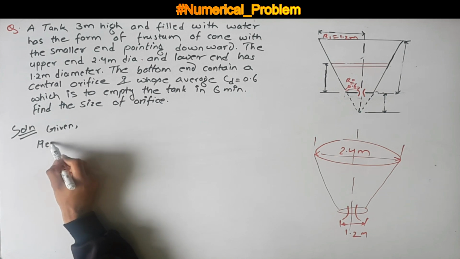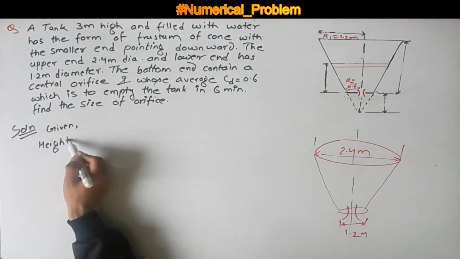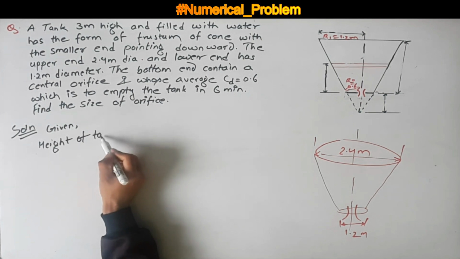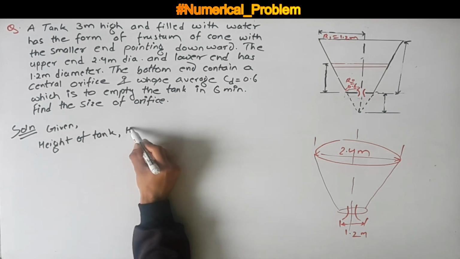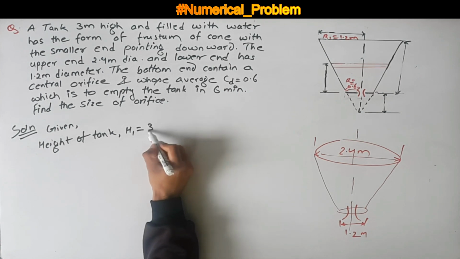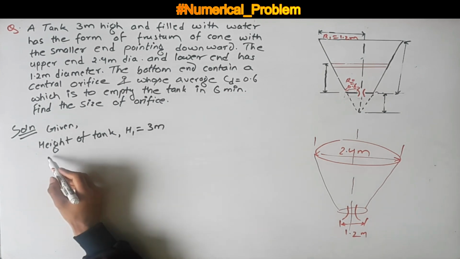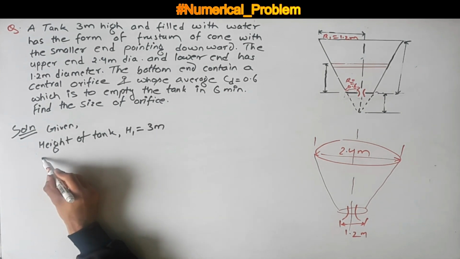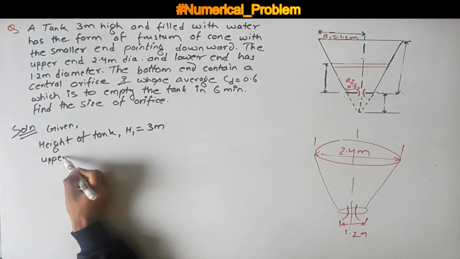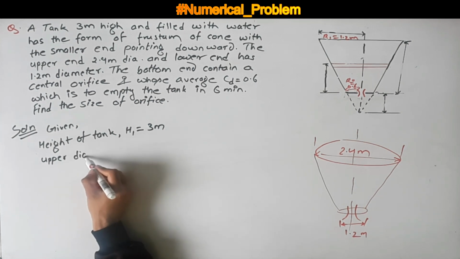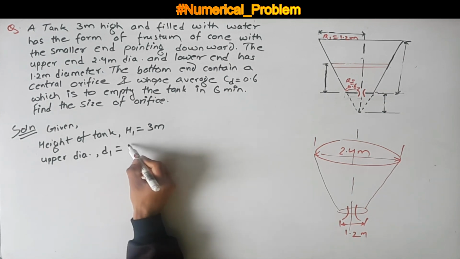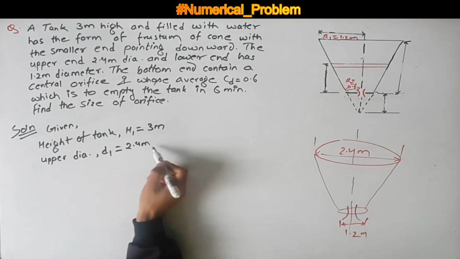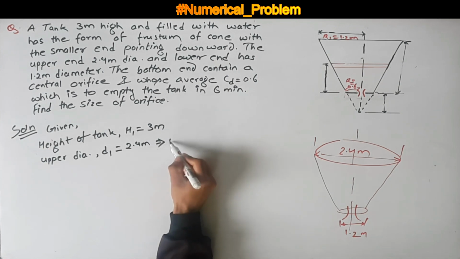Height of tank is given. Let the height of tank be H1. This is 3 meter. Upper diameter is given. This is upper dia, D1 equal to 2.4 meter. From here we can calculate radius.